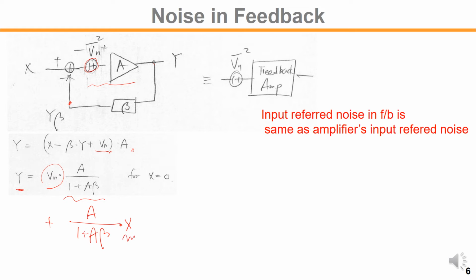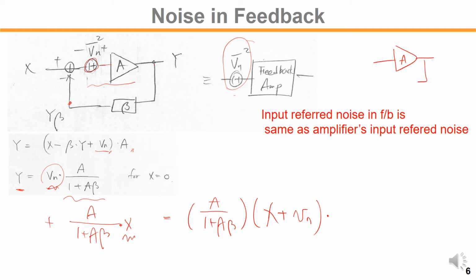So we have a signal and noise seeing the same gain, meaning it shares the same response, right? A beta over 1 times x plus Vn, right? So what it means is that the noise inside the loop is the same as the noise outside of the loop, at the input, right? So basically this is equivalent to what?